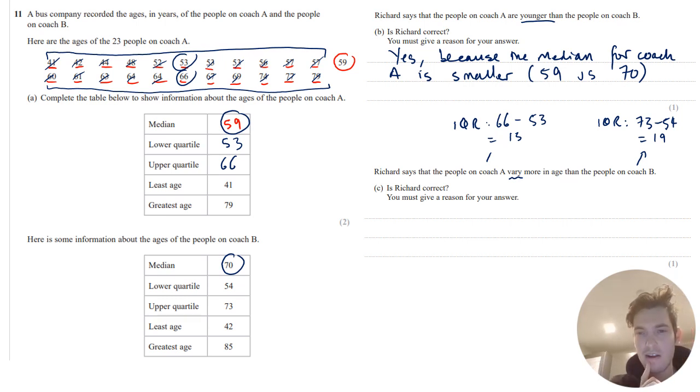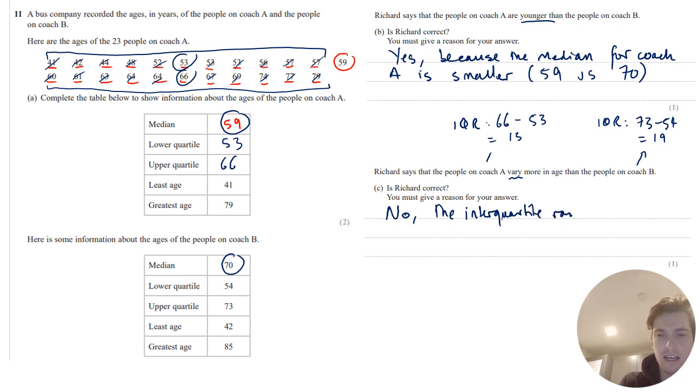So do they vary more in age in A? Well, no, because the interquartile range is smaller, which means there's less variation. I'm going to say no, the interquartile range is smaller for Coach A. 13 versus 19.